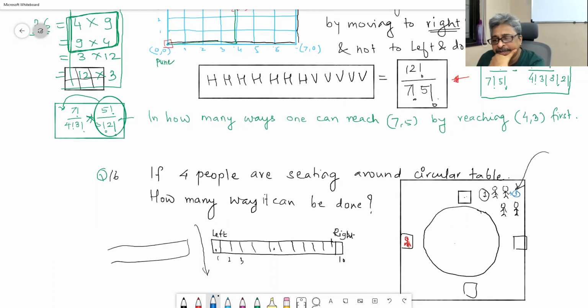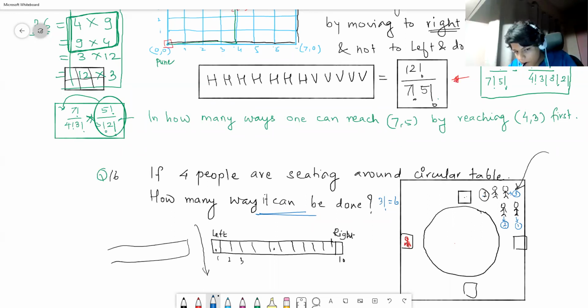The third person has 2 choices. And the last person has 1 choice. Therefore, 1 into 3 into 2 into 1 is the total number of ways in which this can be done, which is 3 factorial, equal to 6. That is one way of explaining.